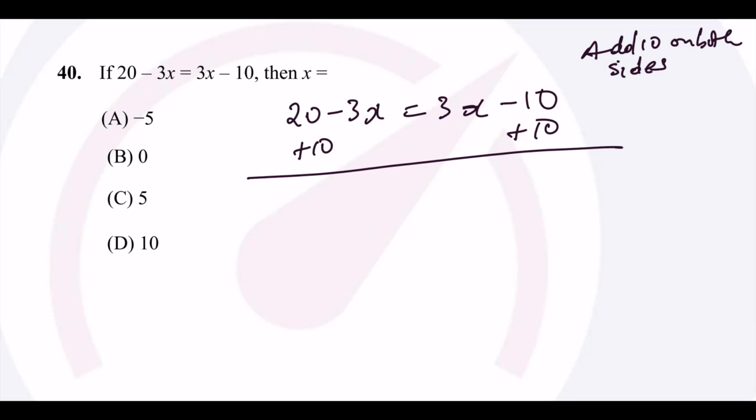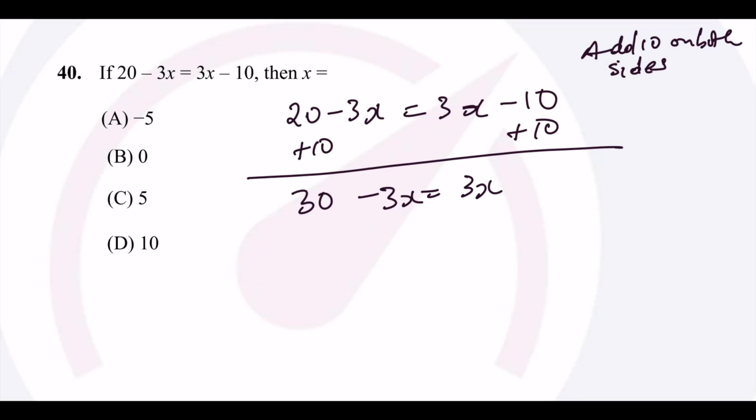So hence, when I add 10 to both sides, I'm left with 30 minus 3x is equal to 3x plus 0, because negative 10 plus 10 gives me 0.